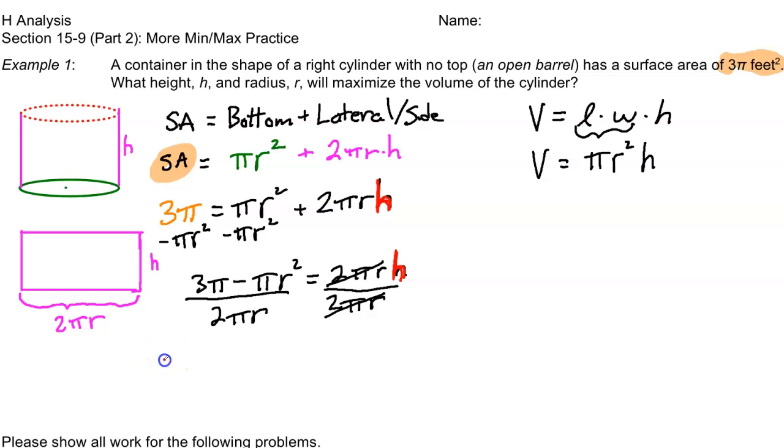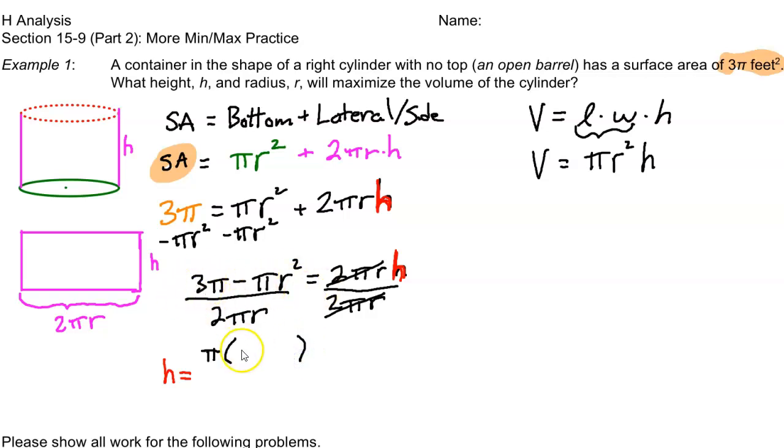Alright, so now I have h equals, and if this could be simplified, definitely always simplify as much as possible. The fact that there's a pi in every single term lets me know that I could probably cancel that out. So let's factor a pi out from the top. That leaves me with pi times the quantity of whatever's left over.